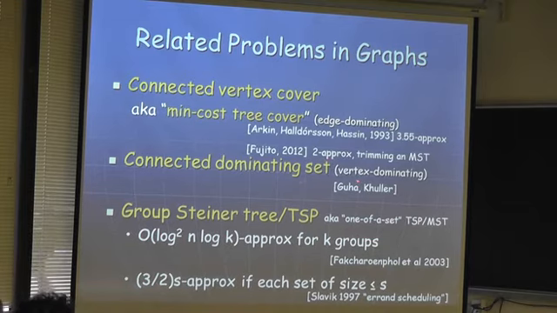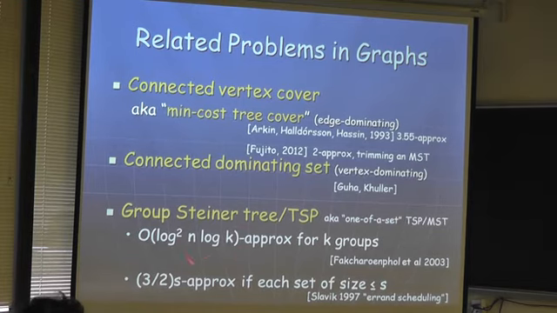There's also something called connected dominating set. The dominating set is a set of nodes such that every node is adjacent to one of the ones in your set. So essentially it sees it. If you think of looking down an edge, if I stand at one node, I can peer down the edge and see the node at the end of the hall. If I insist on it being a connected dominating set, that's essentially like a graph version of this geometric covering tour.